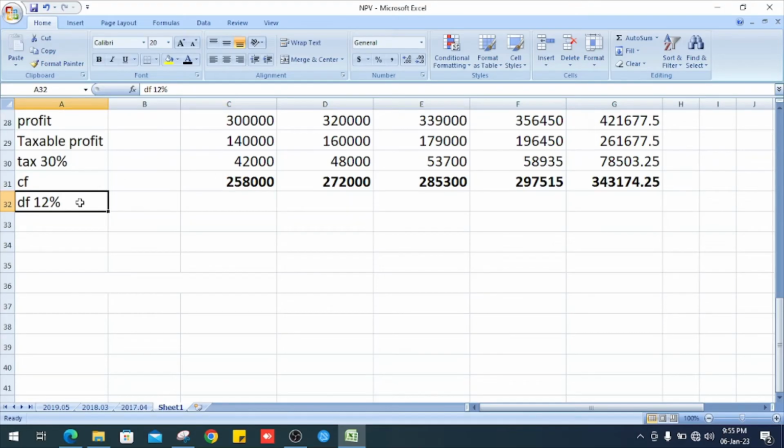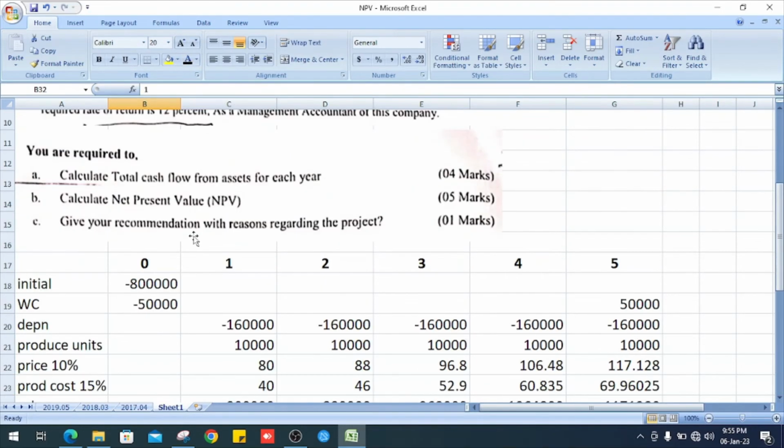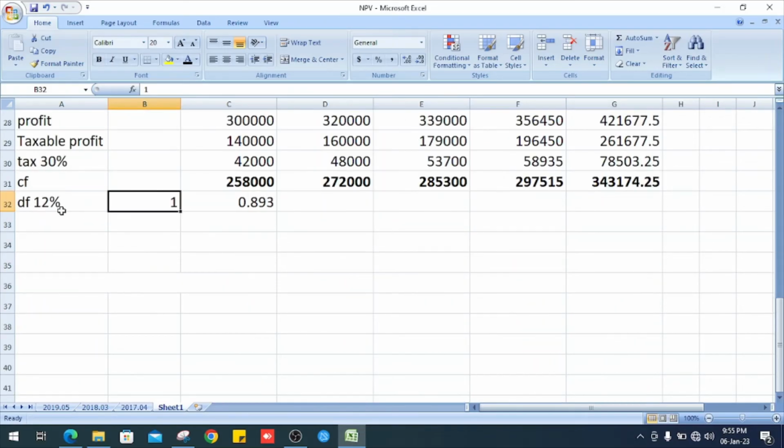Now we can get the discount factor, it is 12%. The first one, year 0, discount factor is 1.